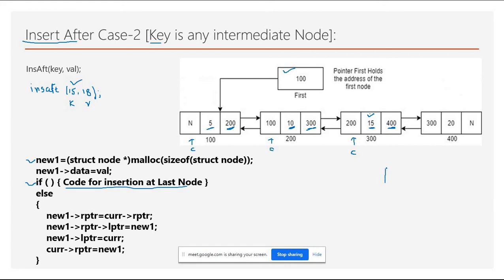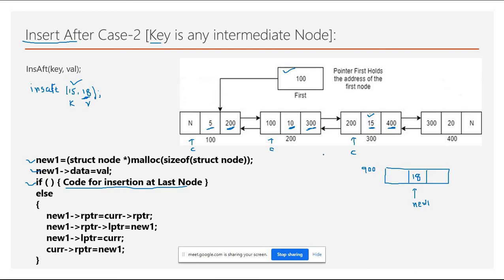So make the assumption that this is our new node, and for example the new node is created on address 900. So our new one pointer is pointing to 900, right? Then the second line, new one point to data is equal to value. So obviously value is what? Value is 18. So I am putting 18 into the data part of the new one, right?